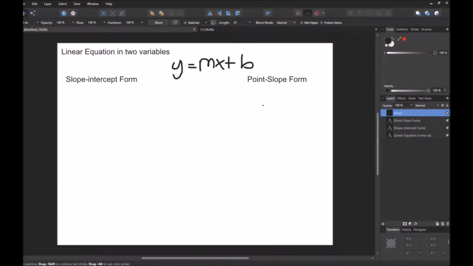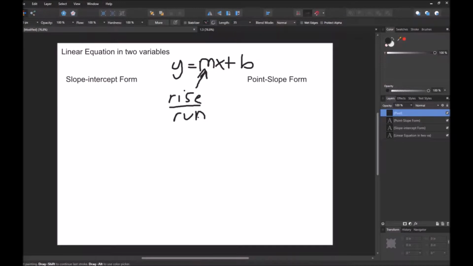So obviously slope is an important concept that you're going to want to hold on to for this episode as well as in the future, because slope is just something that's used a lot in graphing and in math in general. So the slope is the rise over the run. And it refers to this m value here. The m value is your slope.